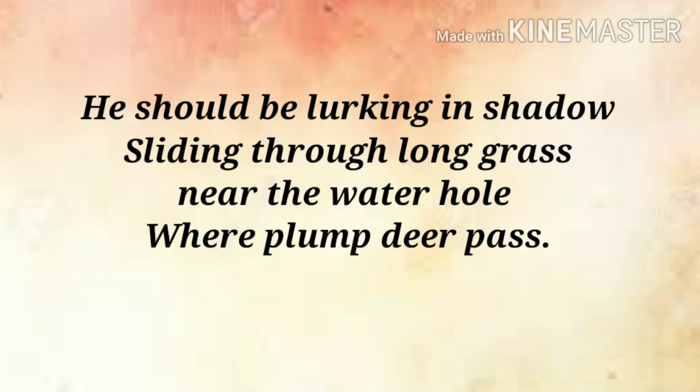When he says sliding through long grass, it means the tiger would have been moving through the long grass so that its prey will not be able to detect its movement. Then he says near the water hole where the plump deer pass. It means the poet says when the tiger remains in his natural surroundings, he would have moved near the water hole where all animals of the forest come to drink water.